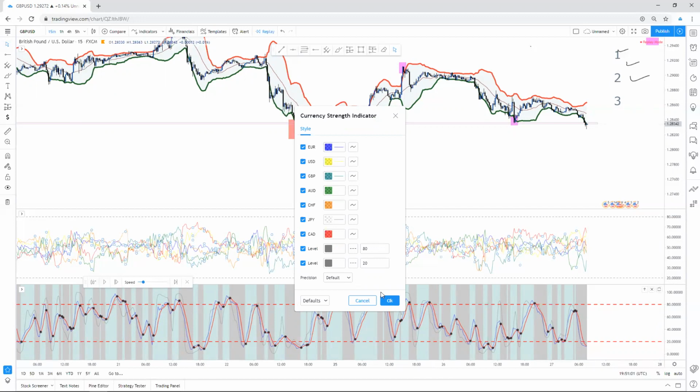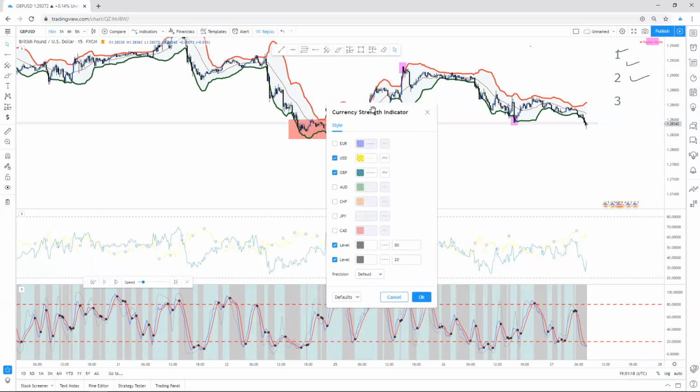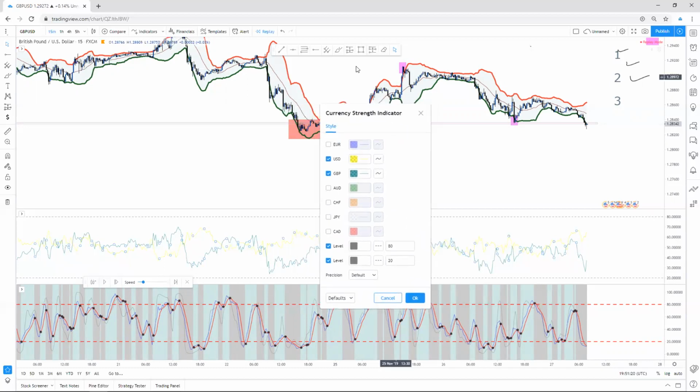In this case, we're trading GBP USD. So take off everything that's not GBP USD real quick, okay? Take off Euro, AUD, CHF, Japanese, and Canadian. Leave only Great British Pound and US dollar. Okay, pay close attention, guys. For the first pair that you are trading, the predominant pair, the master of this chart, which is always the first pair that you see here, okay?